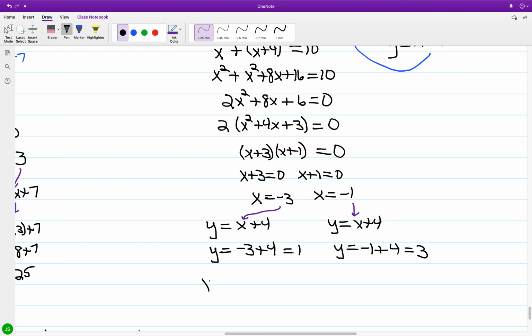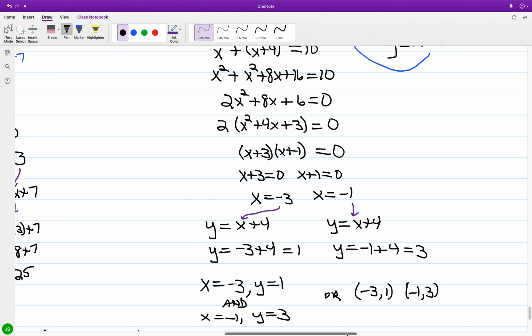So for our system, we have x equal to negative 3 and y equal to 1, and x equal to negative 1 and y equal to 3. You can also write these as ordered pairs: negative 3, 1, and also negative 1, 3.